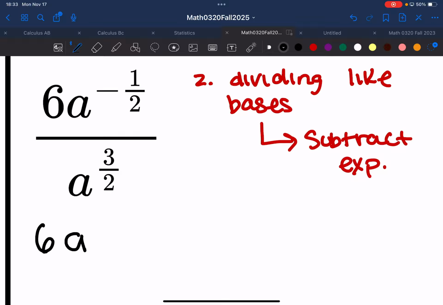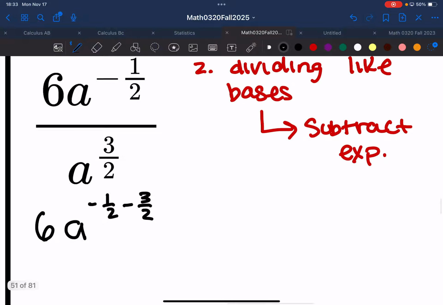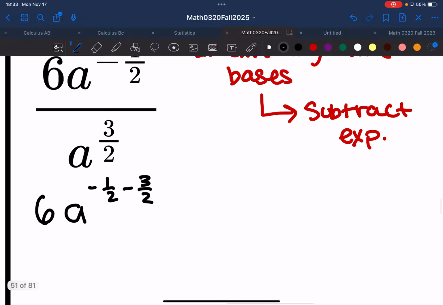I'm going to do a, and then negative 1/2 minus 3/2. So I'm subtracting them, so that's negative 1 minus 3, which is negative 4 over 2, which simplifies to negative 2.